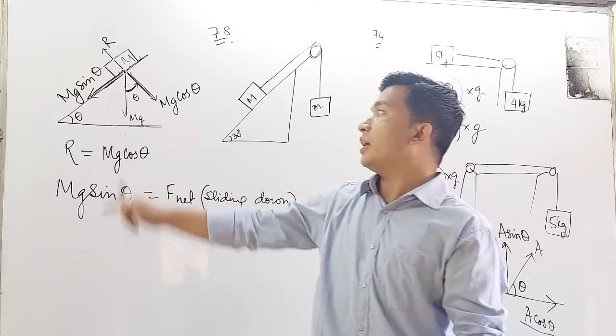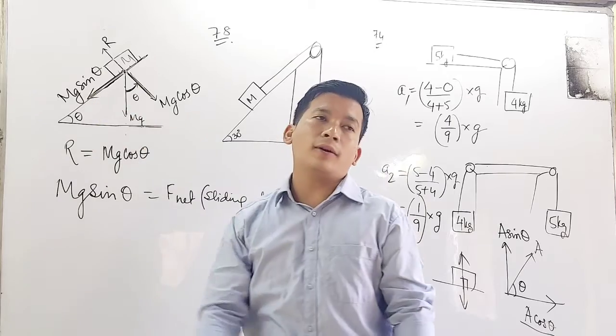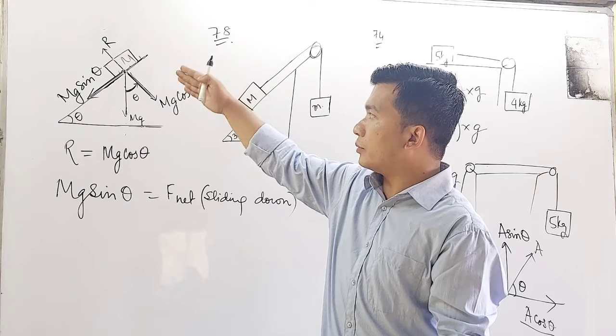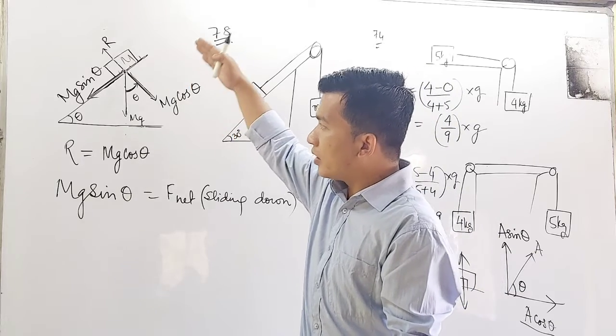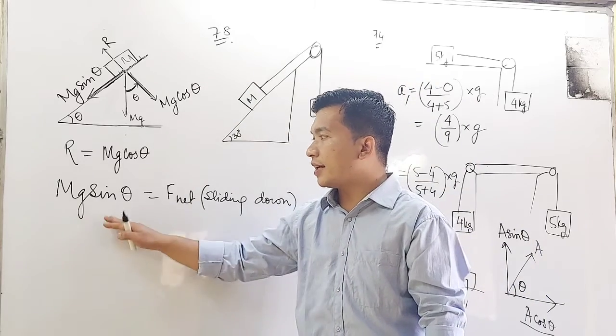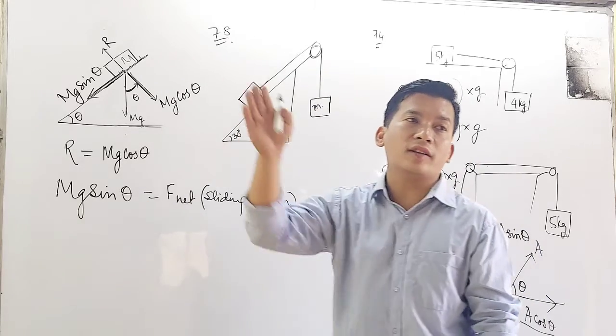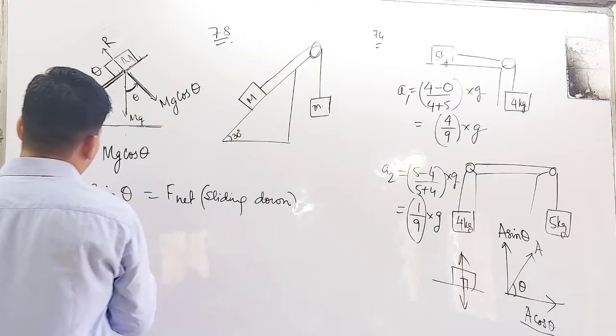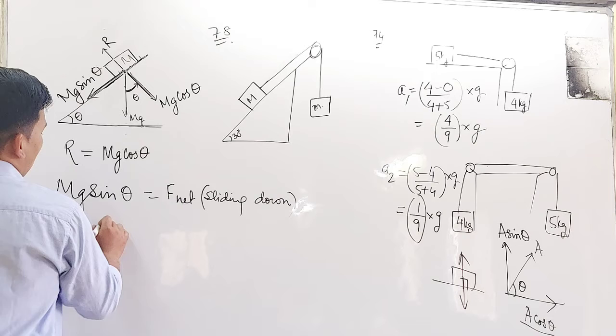Due to this component of the weight, mg sin theta, the object kept on the inclined surface tends to slide down. So in a very simple way, this will be mg sin theta.